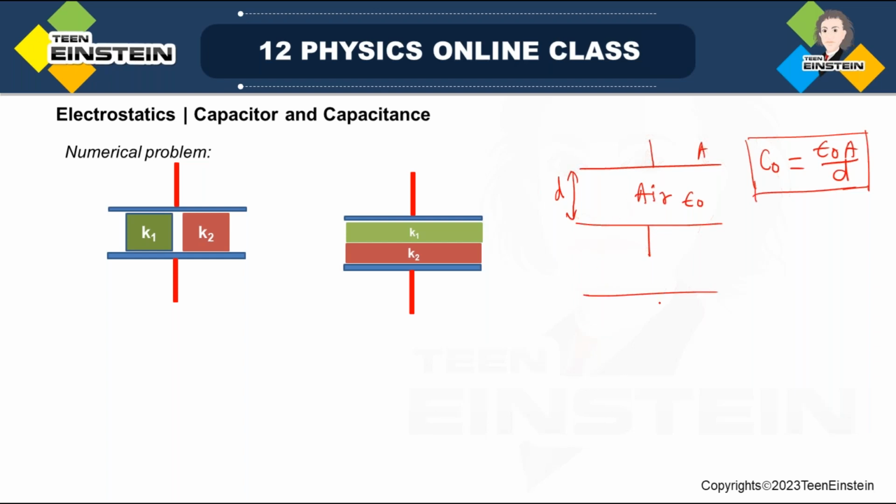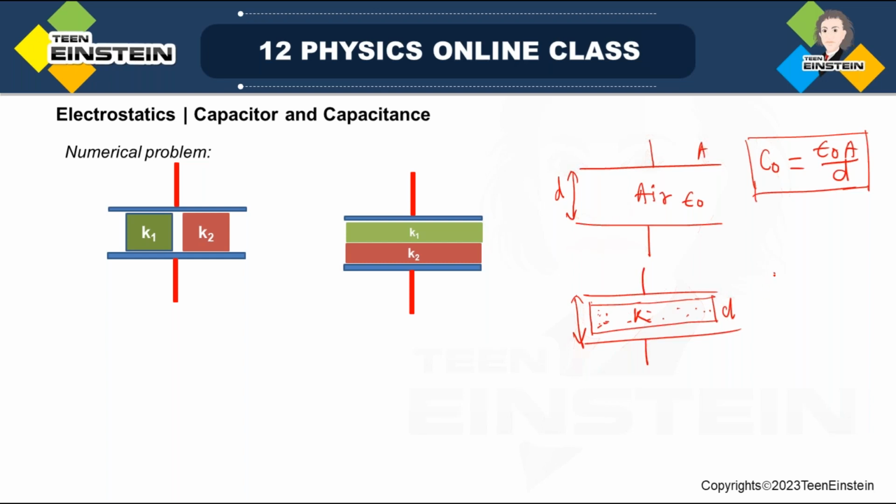Now, if there is a dielectric material, a slab of dielectric constant K, suppose the slab has thickness same as D. I'm just, for the sake of understanding, drawing the slab a little bit less thick, but you just think that this has dielectric constant K and it is covering the whole space between the plates.